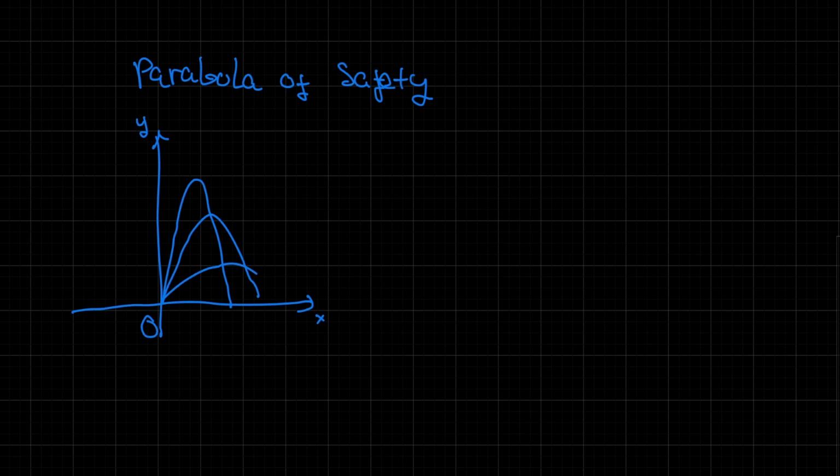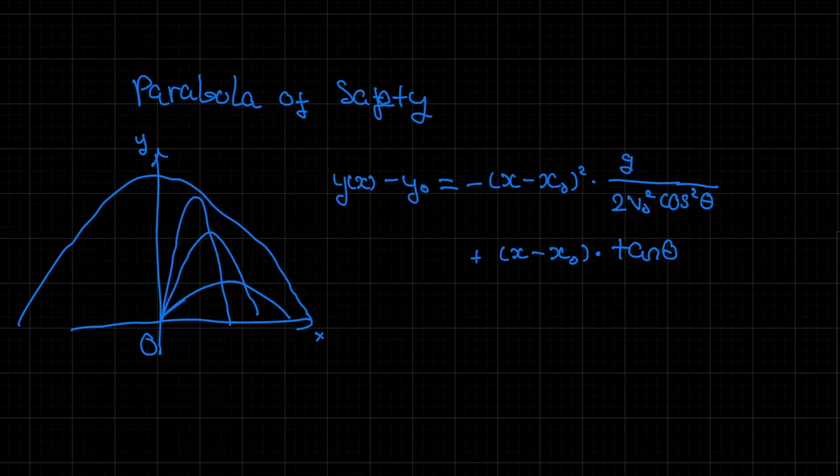Or if you throw it lower, it can be like this. So this parabola of safety is basically a giant parabola over all these small trajectories, all the possibilities. And so in order to do that, again, we will use this equation. And we will also put these as zeros to make it more simple.